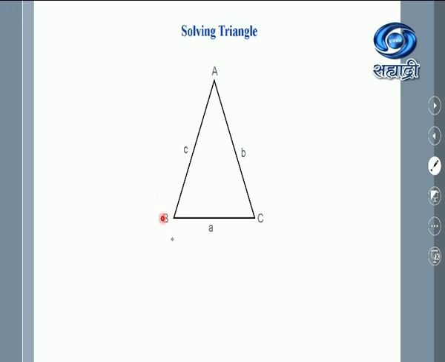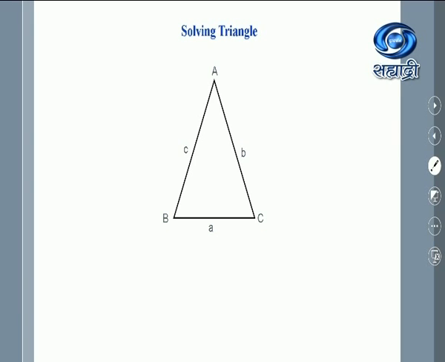The side opposite to B is denoted by small b, and the side opposite to C is denoted by small c. So keep in mind, the angles are denoted by capital letters A, B, C, and the sides by small letters a, b, c.